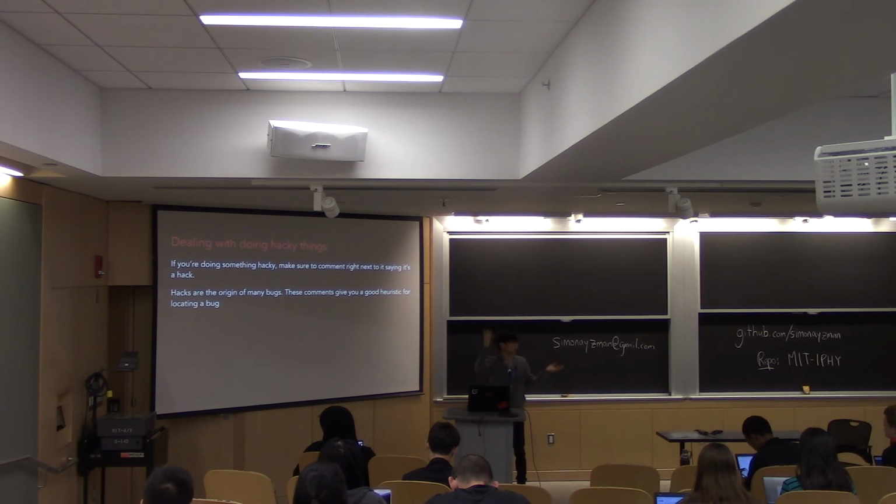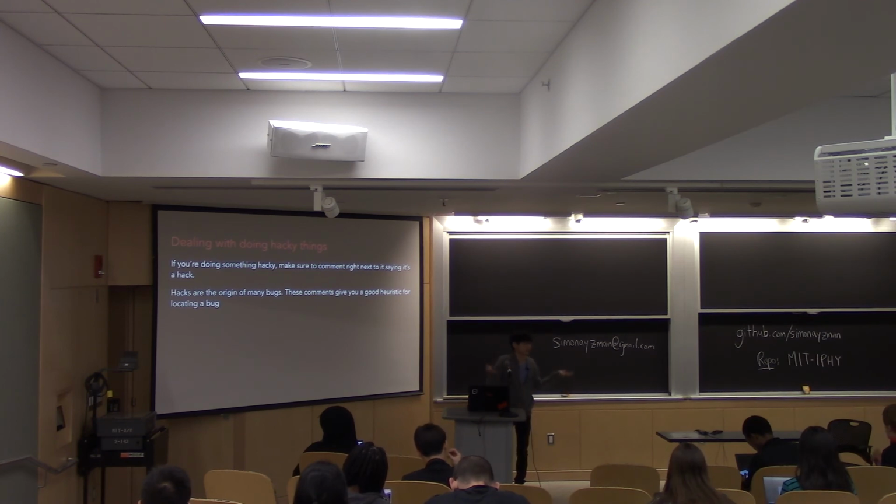And then you can just be on your merry way and keep coding. And then at some point a bug will creep up, and you're like, where could this bug have come from? There's a very high likelihood that it came from the hacky thing you did way earlier, and if you just put a comment there, now you know where it is, so you don't have to think about it. Just makes life easier.